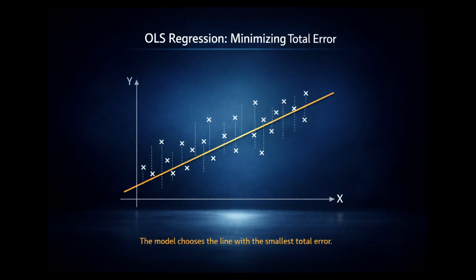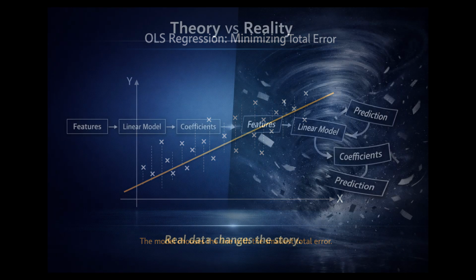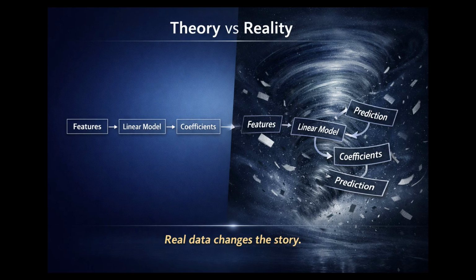This is ordinary least squares, the simplest form of linear regression. No penalty, no regularization. Just find the weights that minimize prediction error on the training data. In theory, with clean features and enough data, this works well. In practice, something more interesting happens.